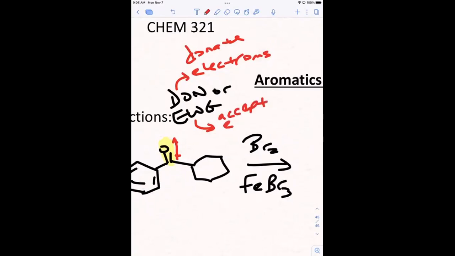When you accept a pair of electrons, what's required to accept electrons? Let me simplify that. Do you need to be positive or negative to accept electrons? Electrons are negative, so you want to be positive, right?